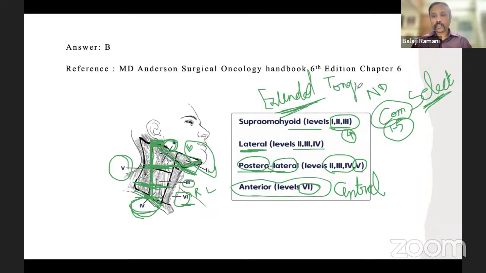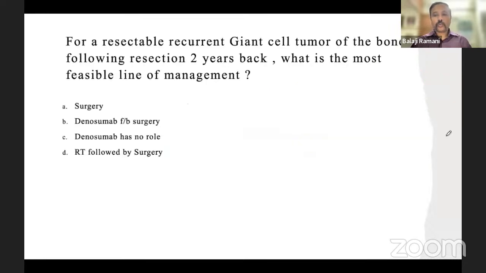So whenever we have a tongue malignancy, we'll be planning for dissection of level 1, 2, 3, and 4 together, because there is a risk of something called as skip metastasis to level 4. And that is why whenever we have a tongue primary, you have to go for extended supraomohyoid neck dissection from level 1 to level 4, rather than stopping with only level 1, 2, and 3. Right.